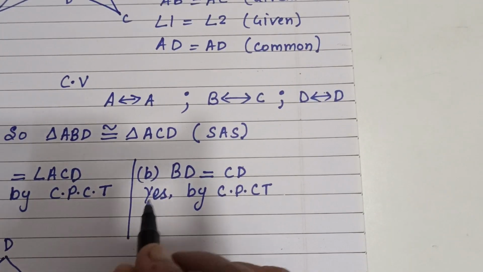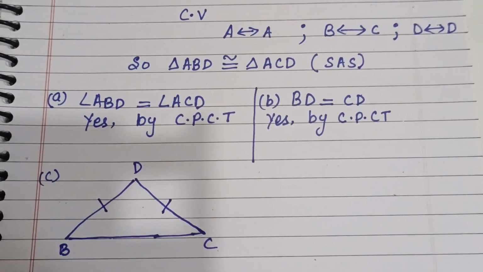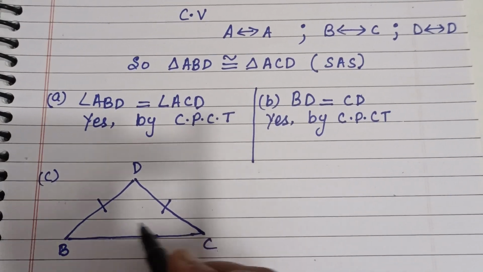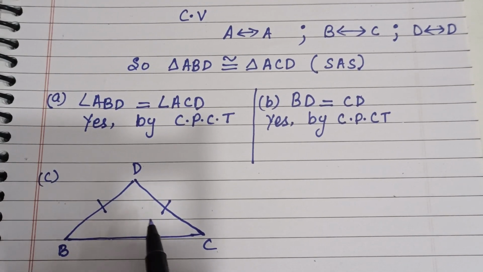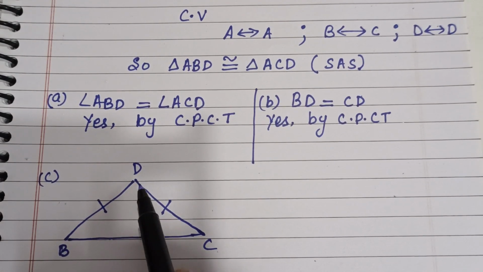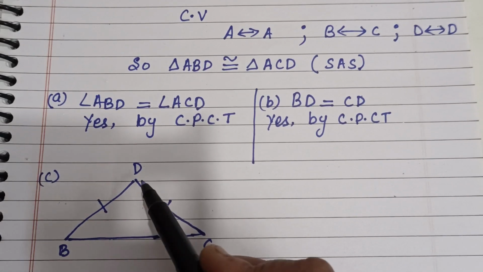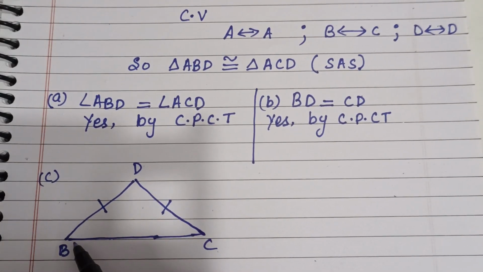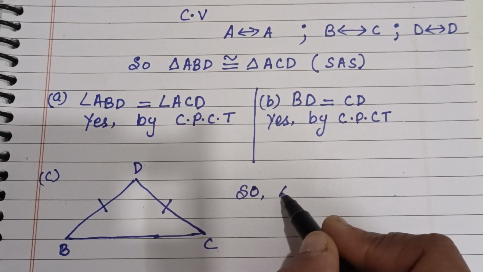Now from the B part we have shown that BD equals DC. So again it has become an isosceles triangle. There is a property of isosceles triangles that the angles opposite to the equal sides are also equal. That means if I say BD, the angle opposite to it is DCB. If I talk about DC, the angle opposite to it is DBC.